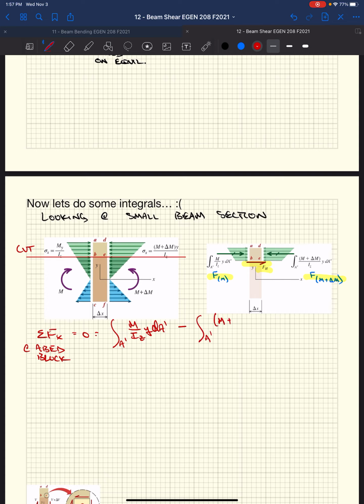Now it's M plus delta M over moment of inertia times y dA prime, the area over which it's acting. And then we have our horizontal force at the cut. We're going to cut it right there.